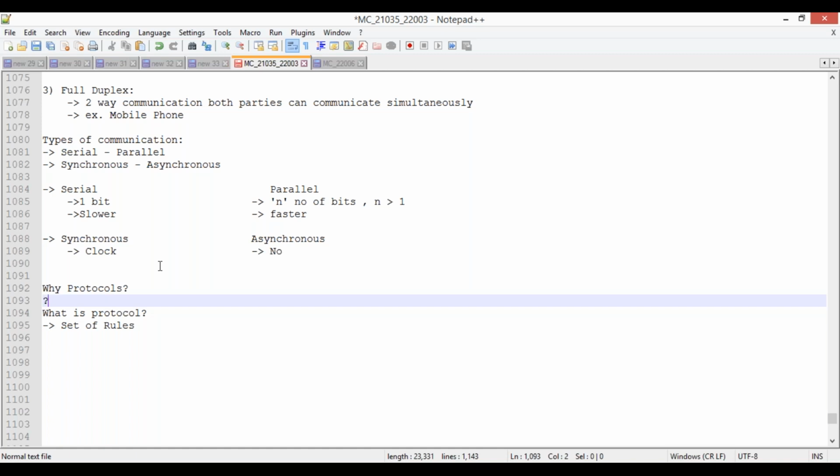Imagine if I take this class in my mother tongue, let's say Marathi. How many people will understand? Probably nobody will understand the class, right?